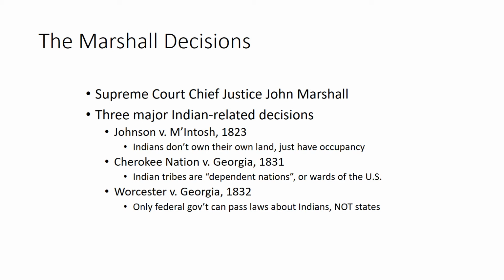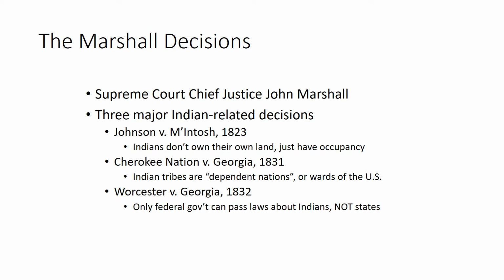So the claim was Georgia had no authority to pass laws regarding Indian tribes, that was unconstitutional. Again, the Commerce Clause in the Constitution, only the federal government and specifically the U.S. Congress can pass laws about Indians. And this time the Cherokees and their white ally Worcester won.